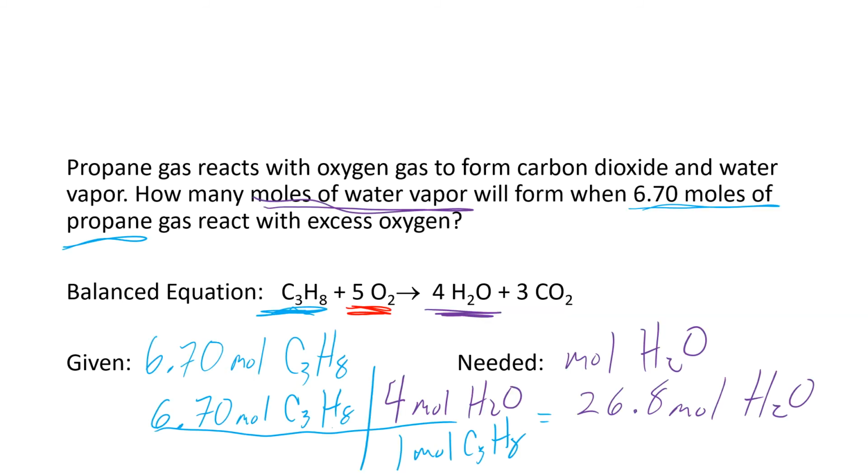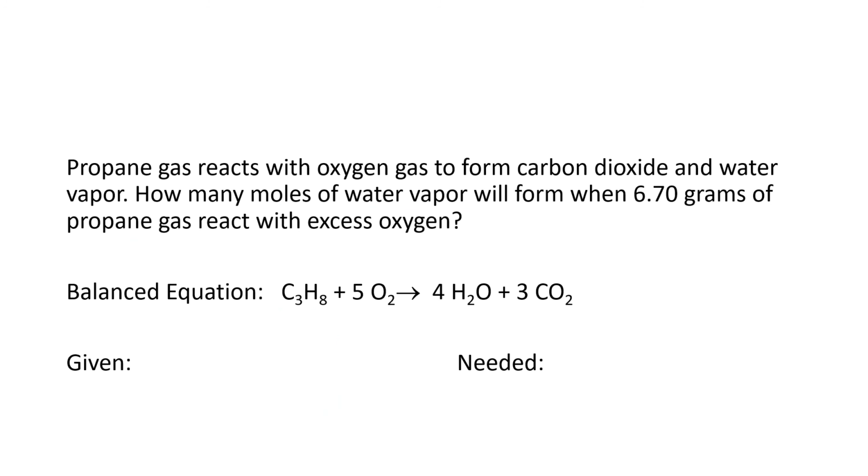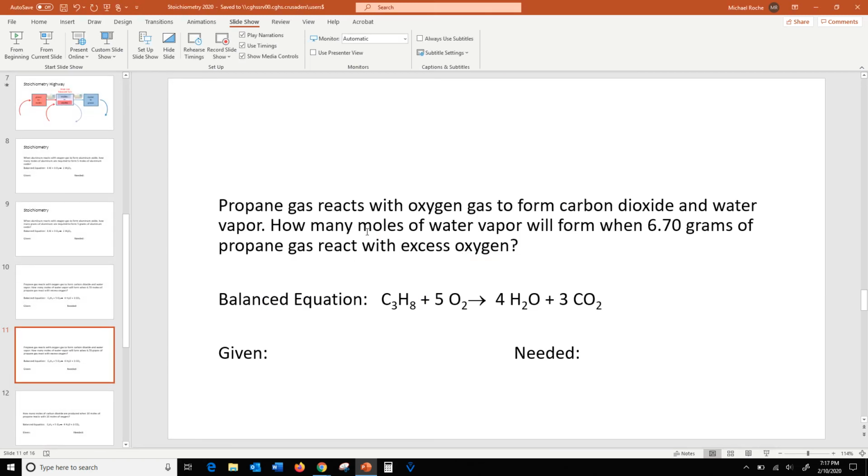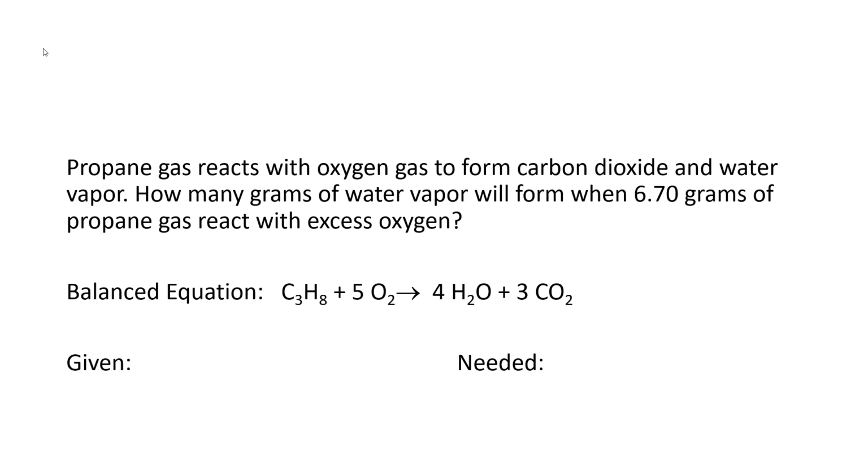Now we change from moles to grams. So do you expect this will be more difficult or less difficult? I am assuming that you're good with, oops, I meant to change that to grams. Let me do that right now. So let's go grams of water. And there we go. All right, so we're looking for grams of water.